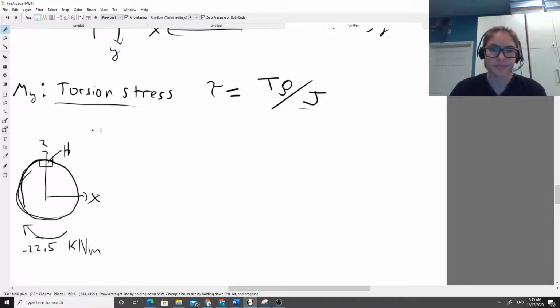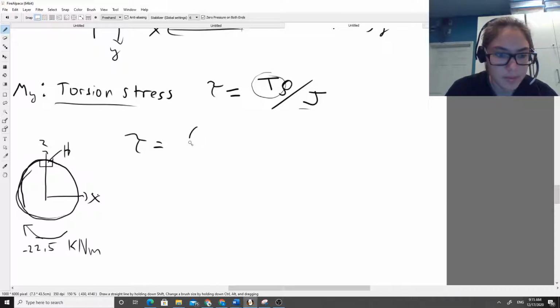So tau is going to be equal to, what's torque here? Our torque is just our moment, so we'll just plug that in as is. Actually, before I get into this, let's talk about where this shear stress is acting, what plane this shear stress is acting upon. So it is acting around this axis.